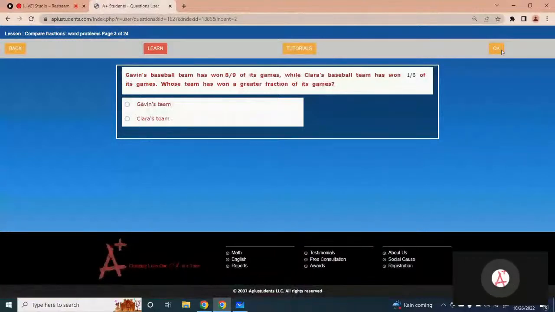Okay, Gavin's baseball team has won 8 by 9 of its games, while Clara's baseball team has won 1 by 6 of its games. Whose team has won a greater fraction of its games?